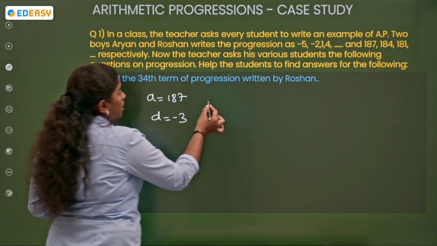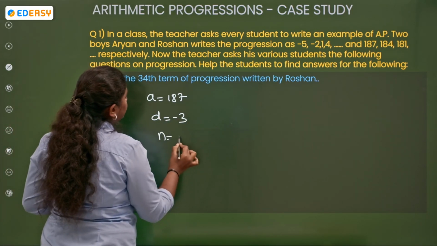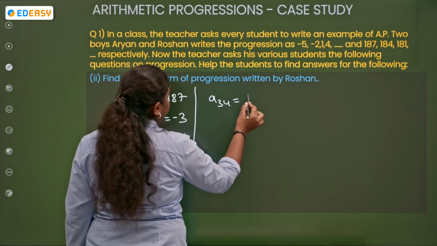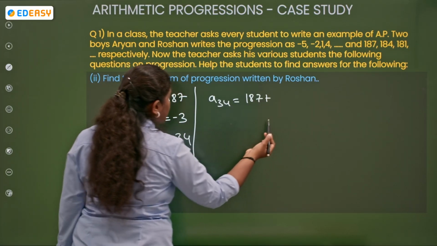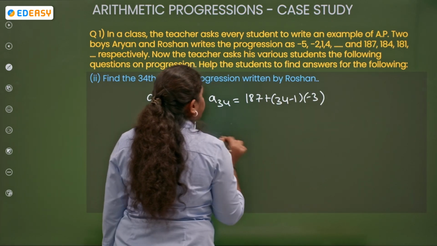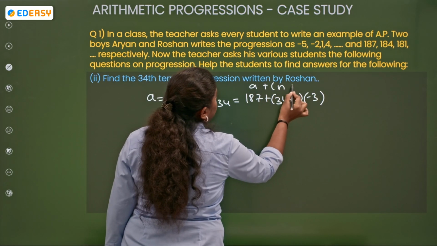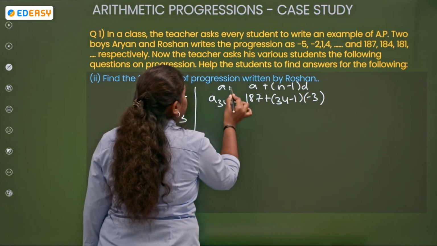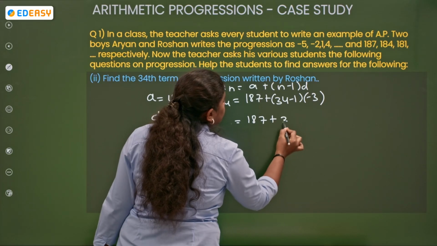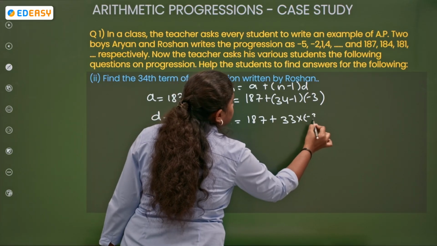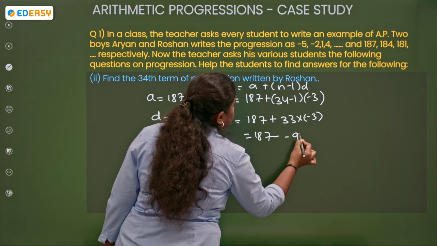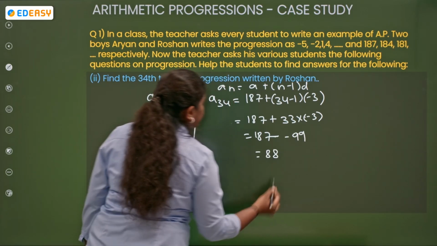Now, the N value they gave is 34. A34 equals A plus (N minus 1) into D, that is 187 plus (34 minus 1) into minus 3. Now 187 plus 33 into minus 3. So now 187 minus 99, which is nothing but 88.